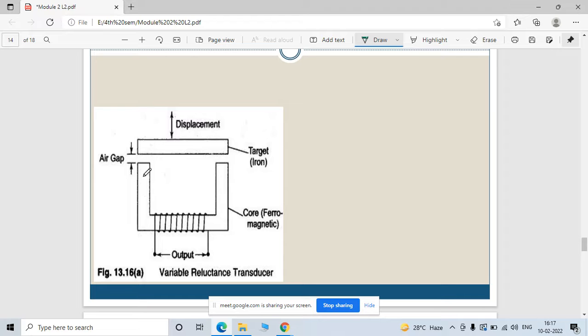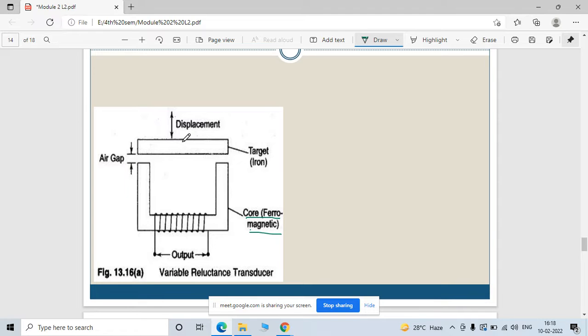See, this is the structure. This is a core which is a ferromagnetic material, and on this core a winding is wound, which makes it an inductive winding. This is a linear displacement.